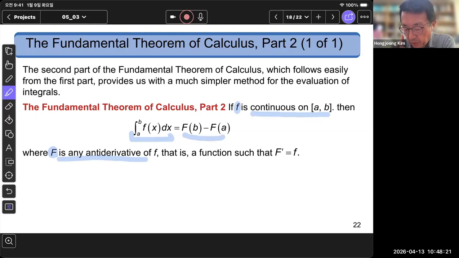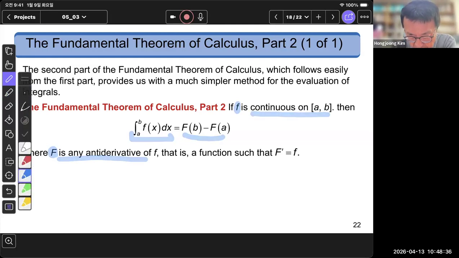Please note that capital F is any antiderivative of f. Then the definite integral is obtained by F(b) minus F(a).